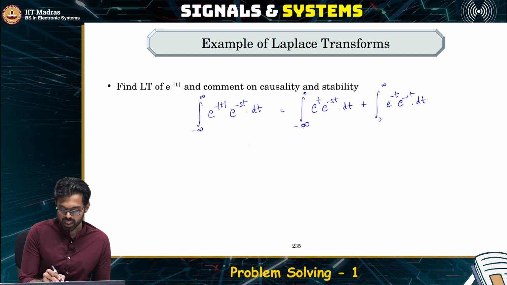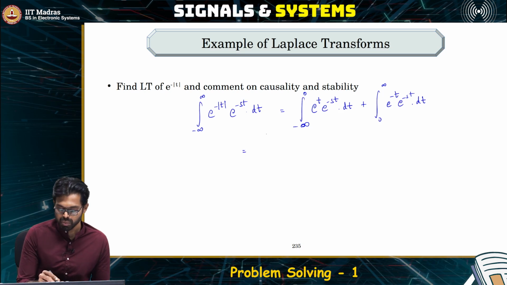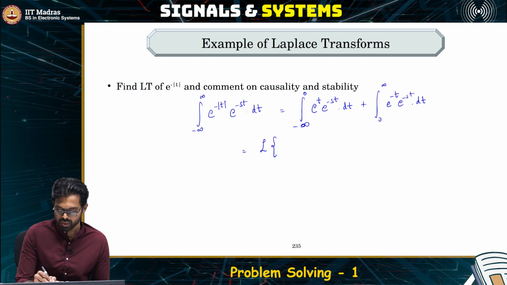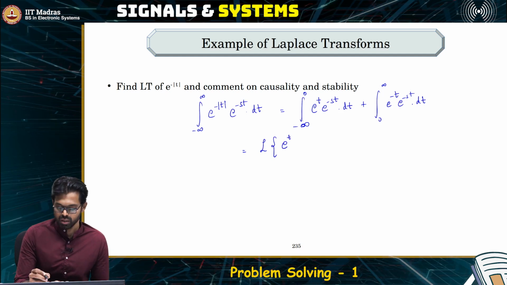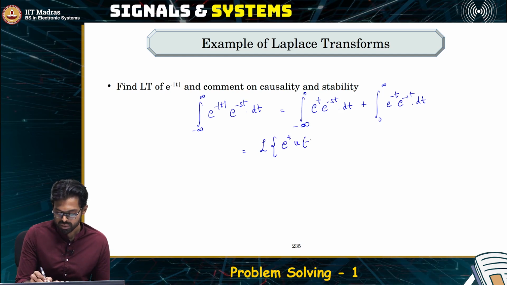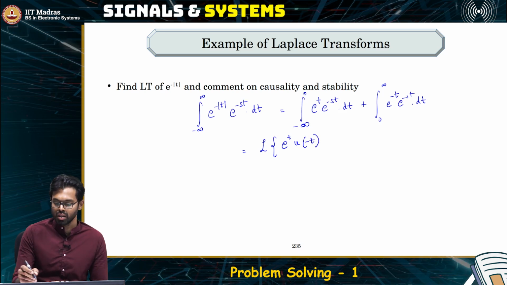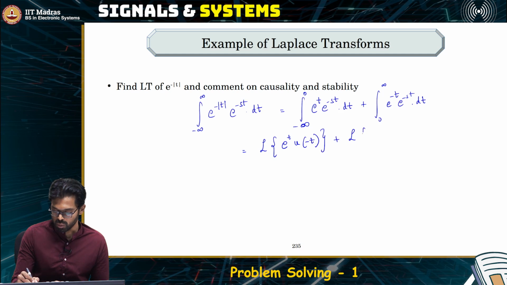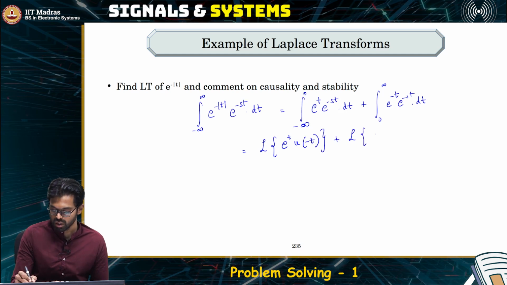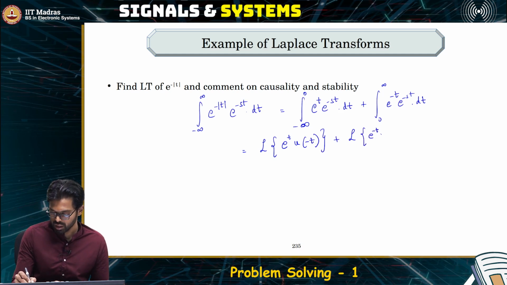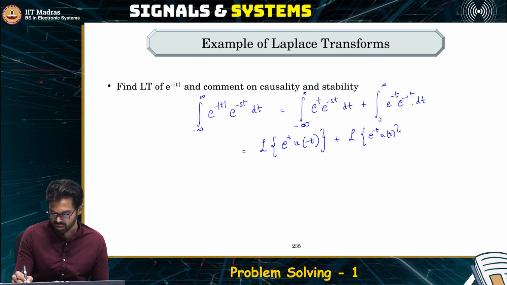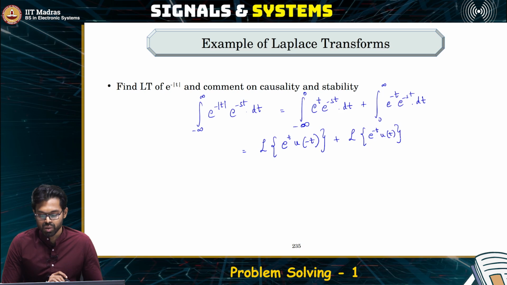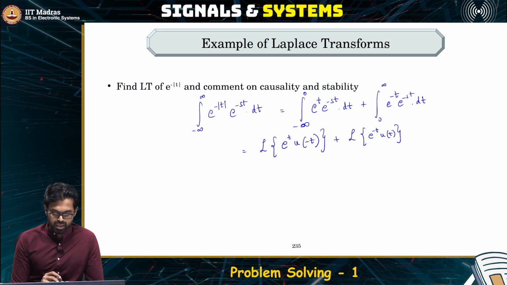So in other words, we can say that this is equal to the Laplace transform of e power t u of minus t plus the Laplace transform of e power minus t u of t. Okay. So once again, we don't have to evaluate this. We already have done this in a previous exercise.